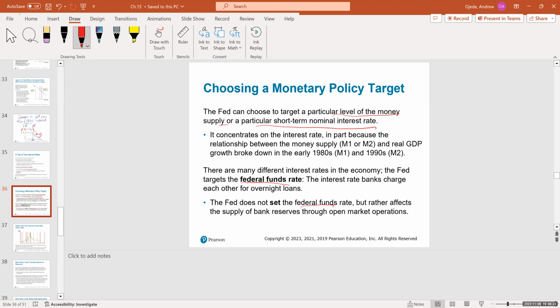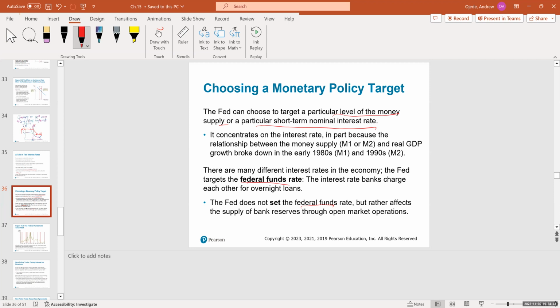We know that when the Fed buys bonds, reserves go up. The banks that sold bonds to the Fed will see their reserves go up. They have more money they can lend to other banks. But once that happens, that is going to change the market interest rate.